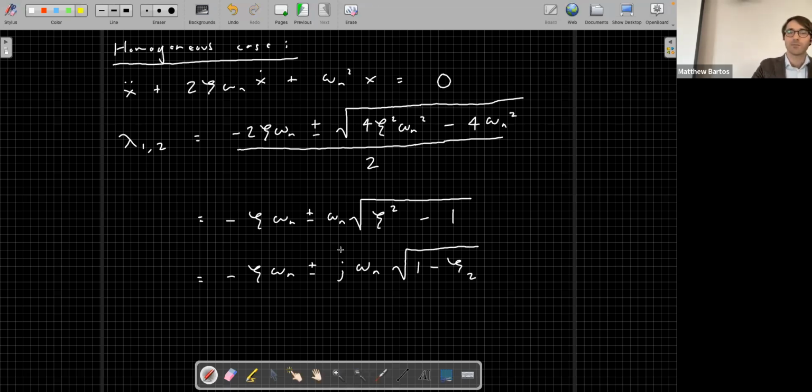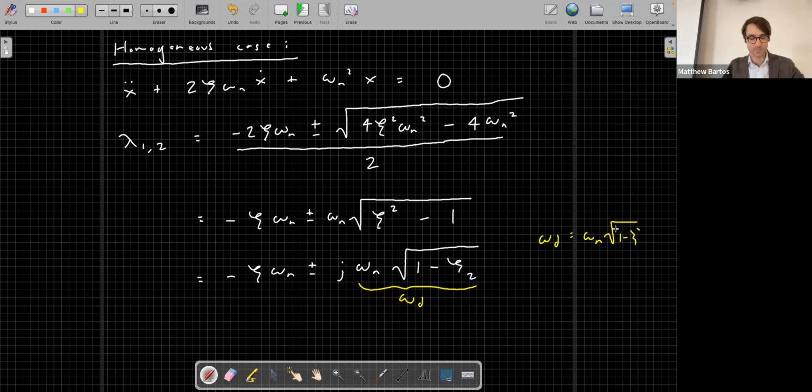And just for convenience, I'm going to define this whole thing as omega d. So omega d is equal to the natural frequency times the square root of 1 minus zeta squared. That is too small to write over there. Okay, let me put it somewhere else.